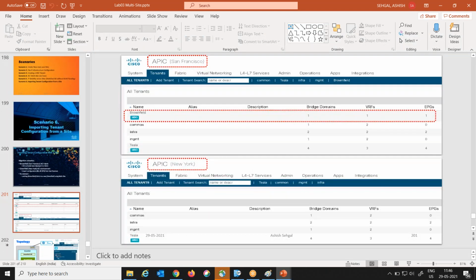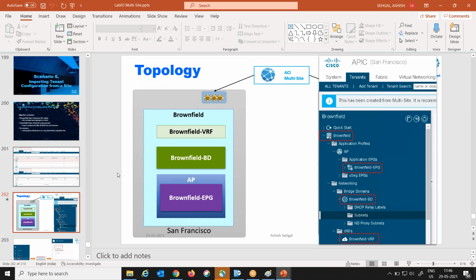In this multi-site lab, we will be moving the tenant configuration done in a brownfield, which is an existing ACI fabric where you already have the logical constructs, to a new multi-site scenario. If you want to move it to a greenfield, this lab teaches how to do it.